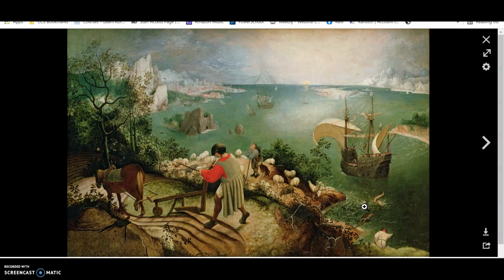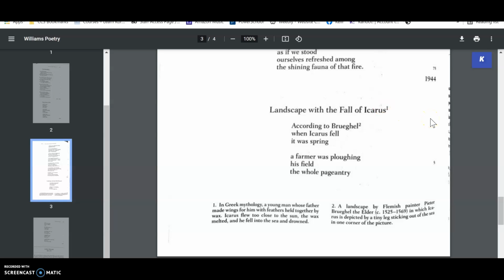That is taken from the Greek myth of Daedalus and his son Icarus. I'm going to give you background information on that really quick, and then we'll take a look at the poem. So, long story short, Daedalus was an inventor and an architect from Athens, and under King Minos he was exiled to the island of Crete.